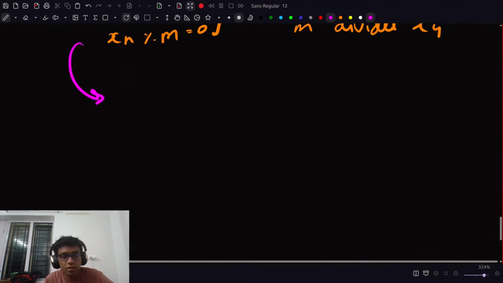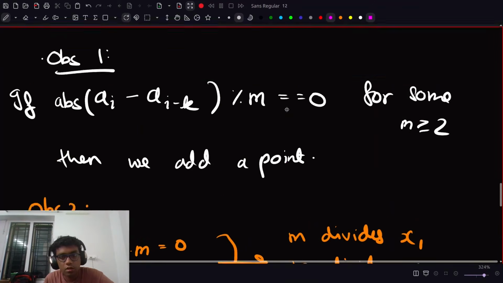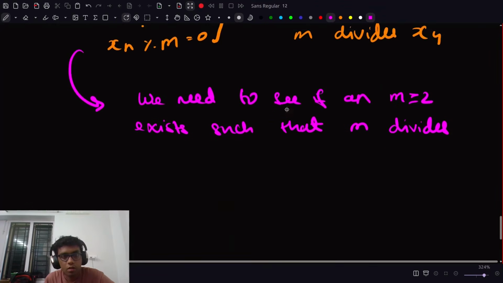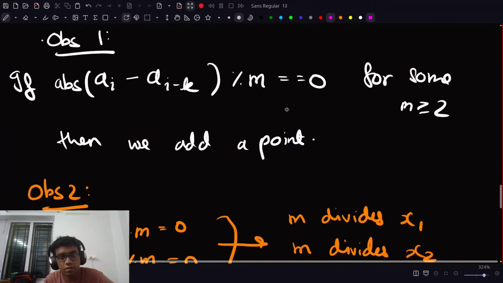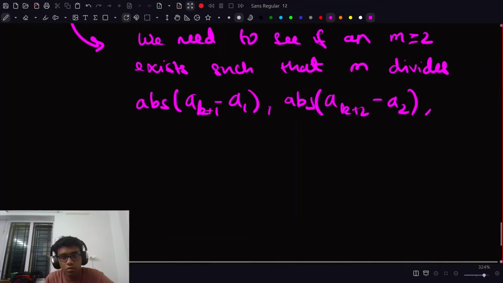under our question, it simply means that we need to choose an m, we need to see if an m greater than 2 exists, such that m divides abs of ak minus a1, and then abs of ak plus 1 minus a1, abs of ak plus 2 minus a2, abs of ak plus 3 minus a3, and so on, right?